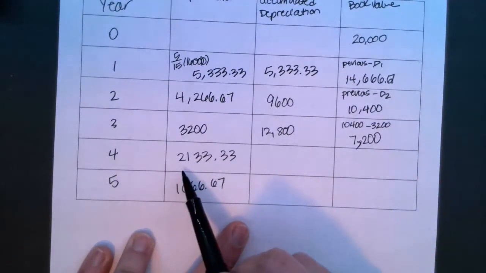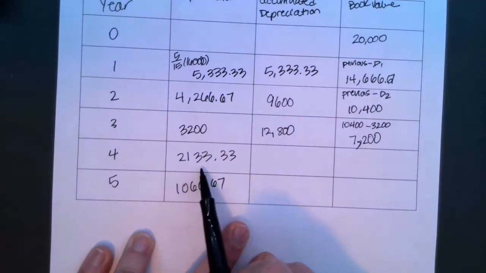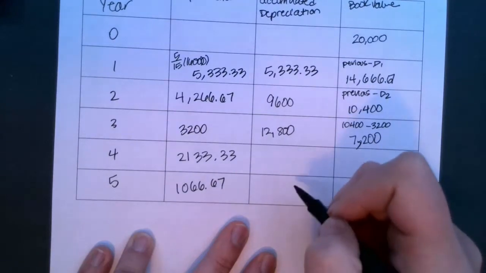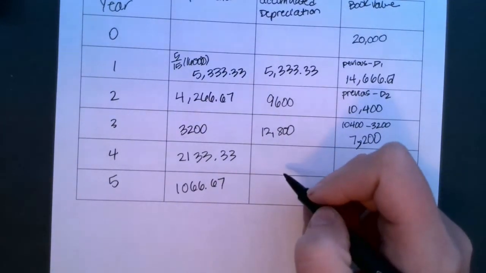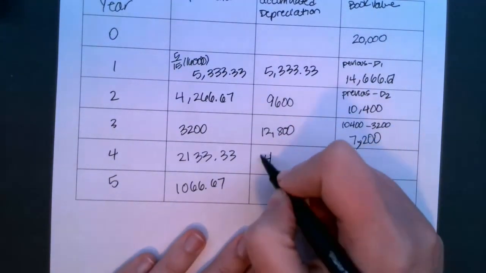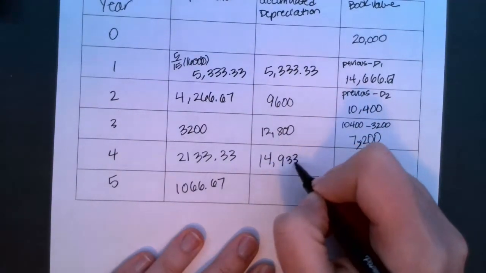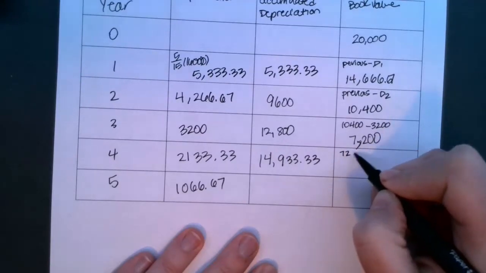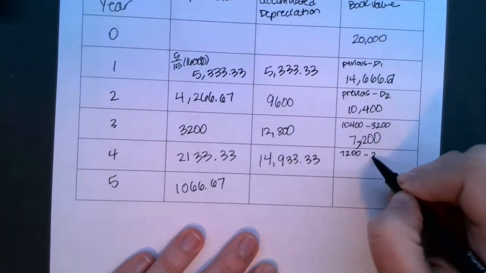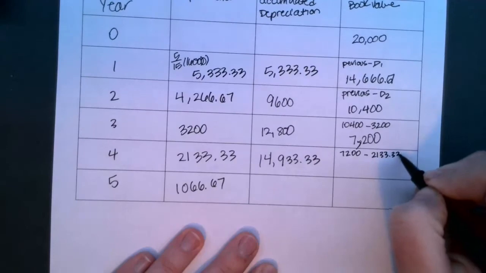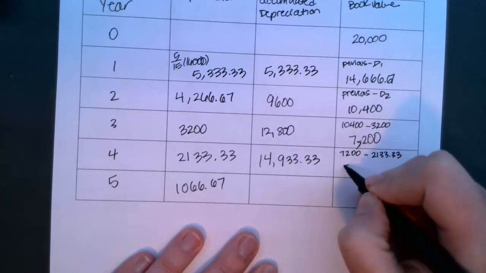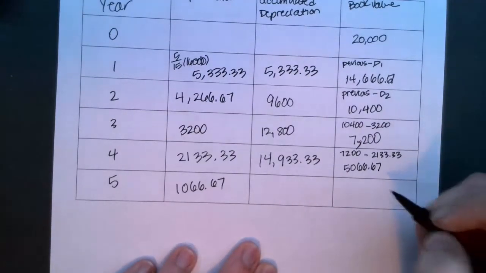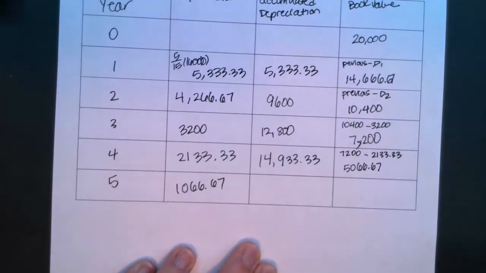So in line 4, we said our depreciation was 2,133 and 33 cents. Adding that to our 12,800, we get $14,933.33. So then our book value is going to be that 7,200 minus 2,133.33. So we get 5,066.67. So 5,066 and 67 cents.